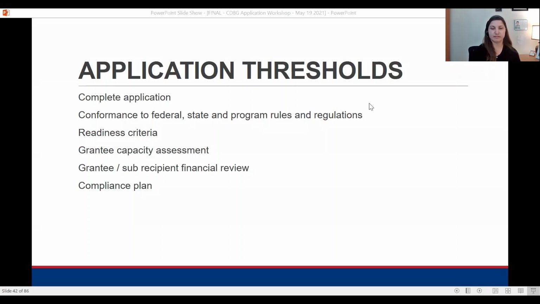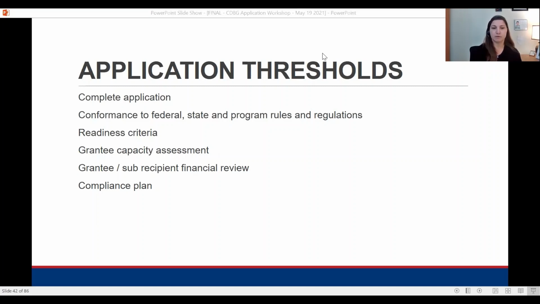Yeah, that's exactly right. We could certainly provide a template of that language, but I will just say, and it's a good point, that if your project is related to the prevention or response to the COVID-19 pandemic, when you are doing your public noticing and public hearings, you will likely want to include that you are seeking funding, both CDBG and CDBG-CV, because it is two separate sources or allocations of funding, essentially.